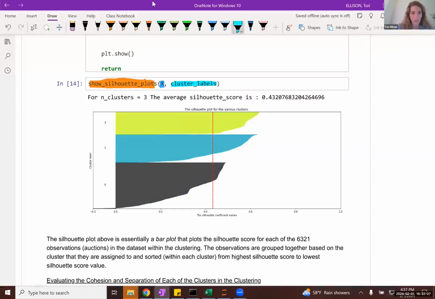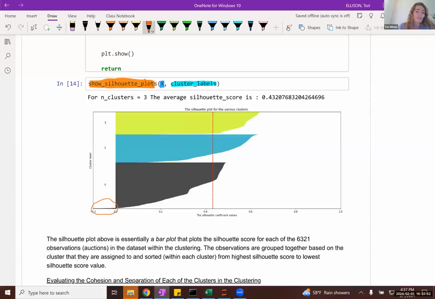The best case scenario would be having clusters that are much more well-rounded, suggesting that all of the observations have relatively the same amount of cohesion and separation. But what we're seeing here is this much more dramatic cutoff, number 1, within cluster 0. And furthermore, we're also seeing there's a few observations assigned to cluster 0 that have negative silhouette scores.